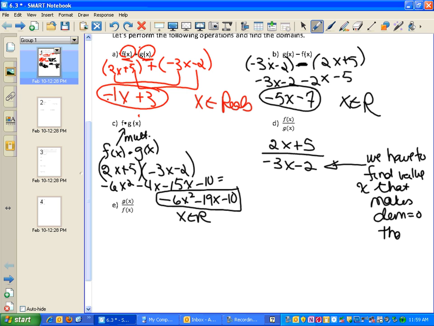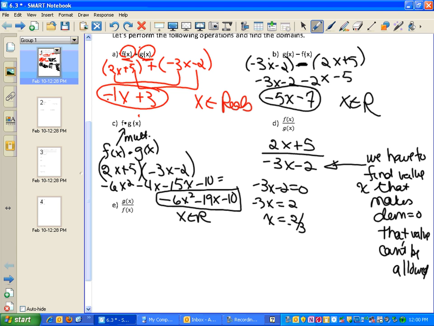And that value can't be allowed. And so we do that by setting negative 3x minus 2 equal to 0 and solving. That means x is equal to negative 2/3, right? Would you agree? That's what makes my denominator 0. If I were to plug negative 2/3 in, I'd have an undefined answer.